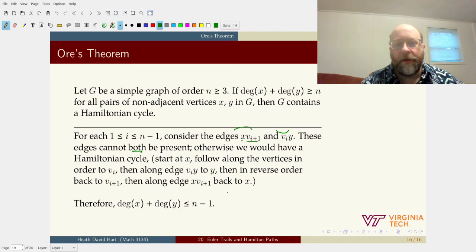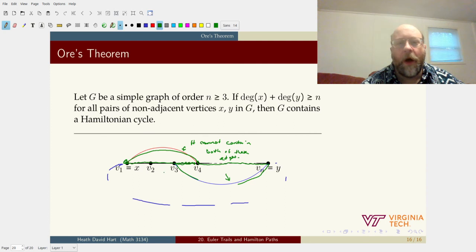So that's important. What that means is that if I count up all of these degrees, well, not all of these degrees. How do we want to do this? This degree and this degree, the maximum degree of x would be n minus 1.